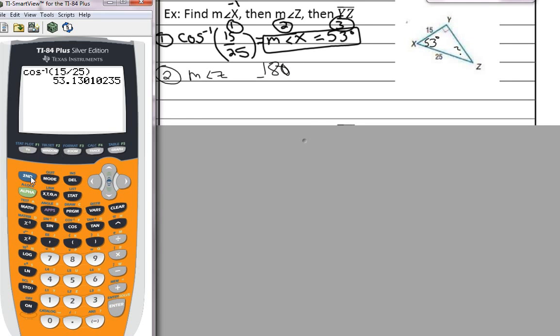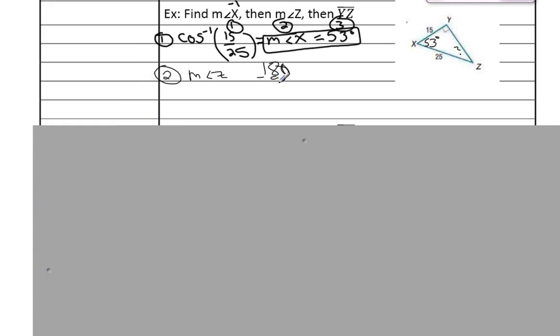Look at that orange. How exciting, all the colors. So I would take 180 degrees and subtract 90 and subtract 53, and that gives me 37. So the measure of angle z is 37 degrees.